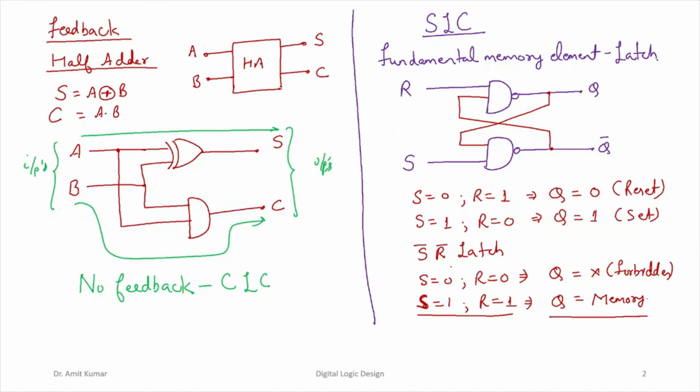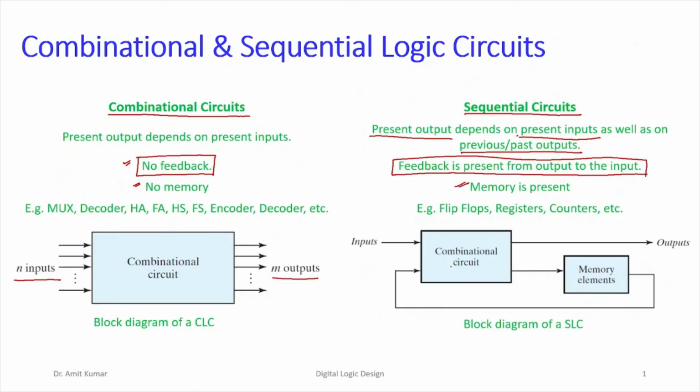So this is how we can easily identify and analyze the difference between combinational logic circuits and sequential logic circuits, right? So that's what we had for today's session on this topic, the difference between combinational and sequential logic circuits.